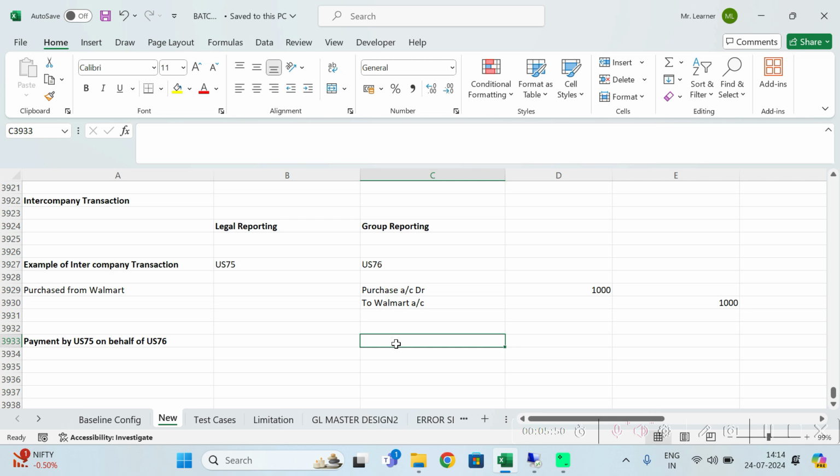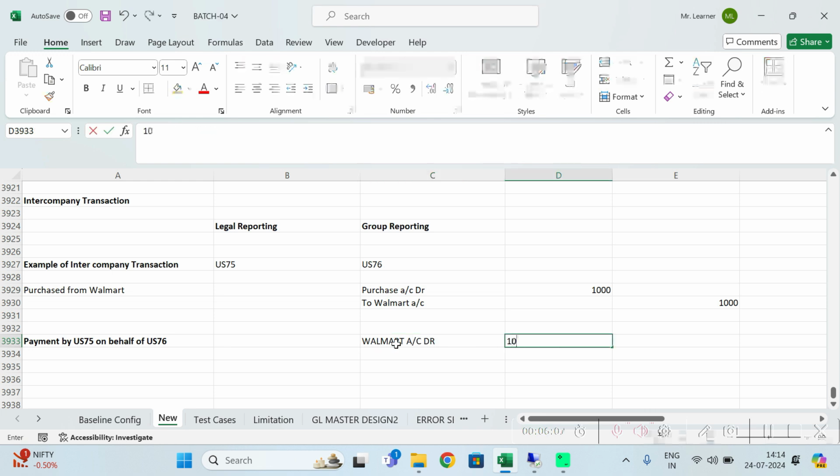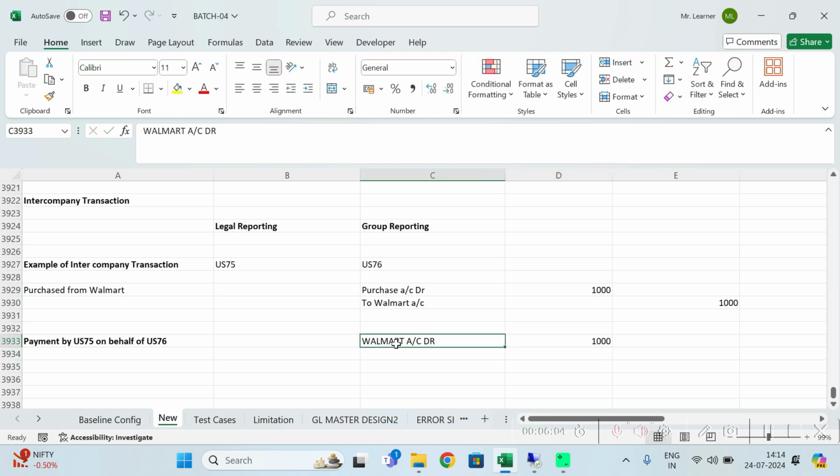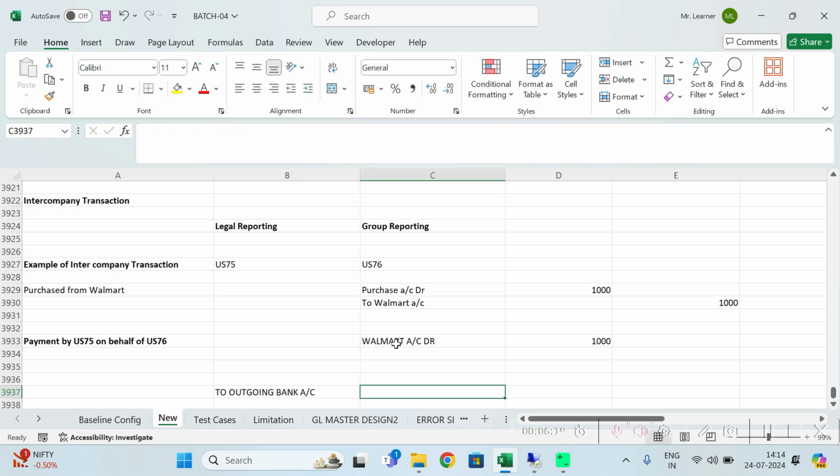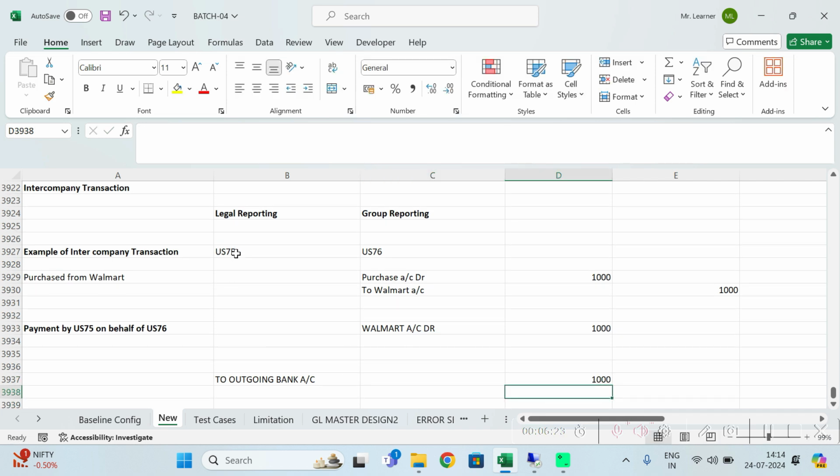Here the vendor account, vendor means Walmart account, debit 1,000 rupees because payment is going to the vendor, and outgoing bank account credit, but payment is going from US 75.